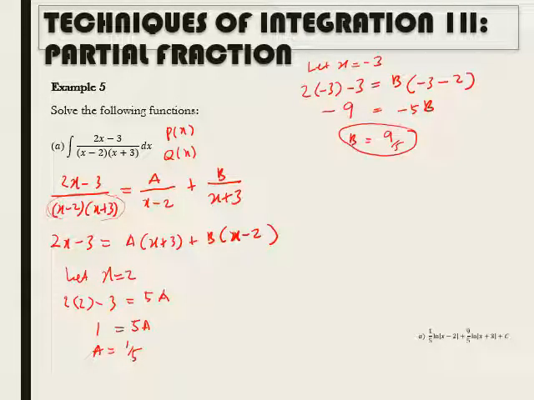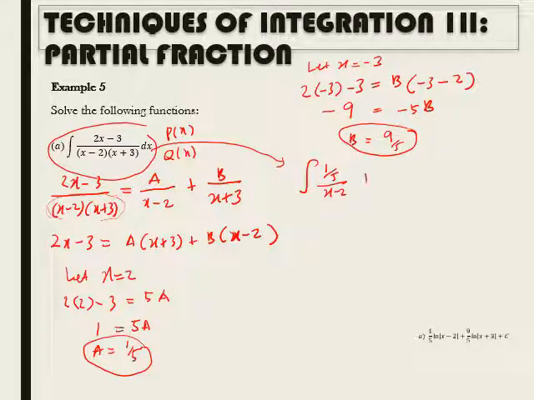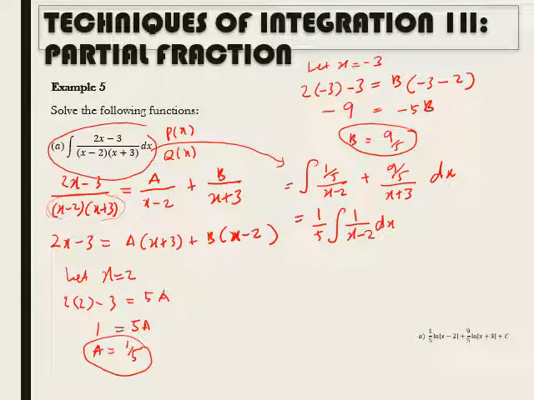We get the value of B and the value of A, so we substitute inside the integral. This integral is actually equal to the integration of 1 over 5(x - 2) plus 9 over 5(x + 3) dx, because we can write it in partial fraction. Now we will integrate. Before that, maybe we can write it in this simplification.